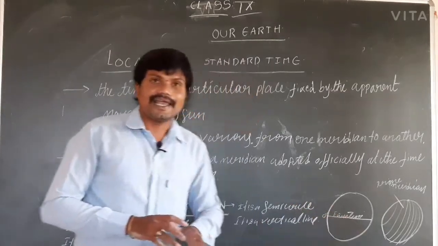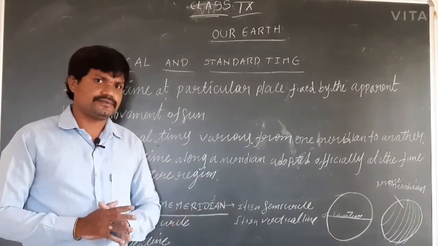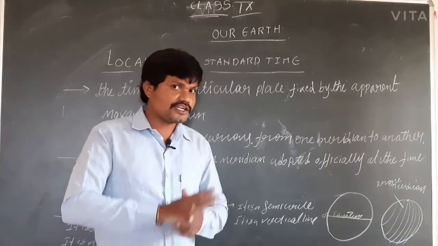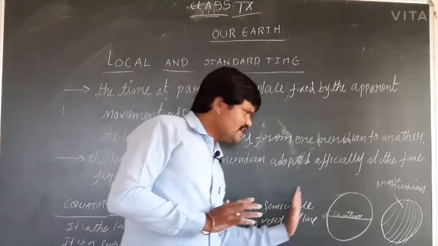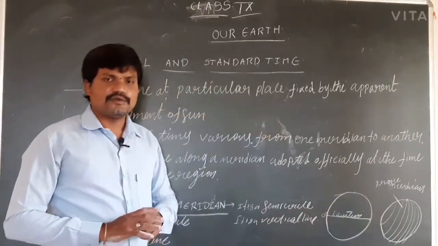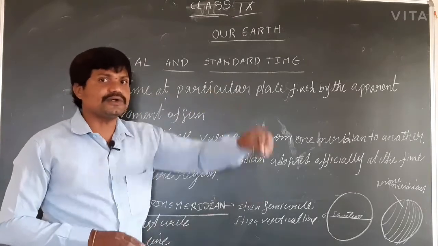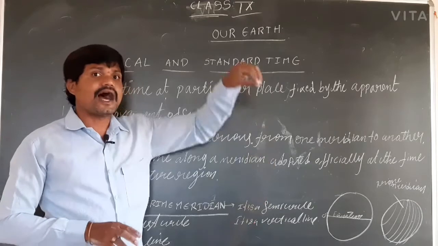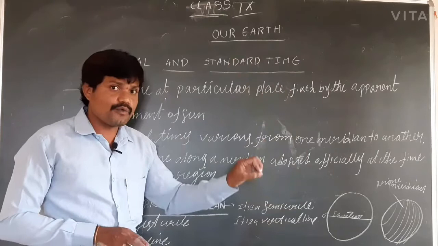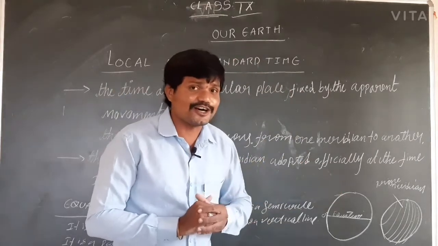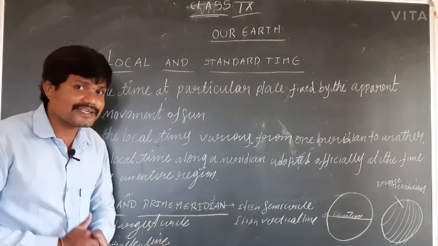The longest latitude, which is drawn at 0 degrees from west to east on the globe, is called the equator.